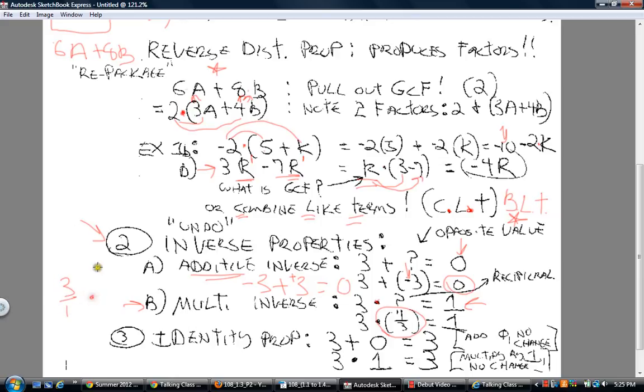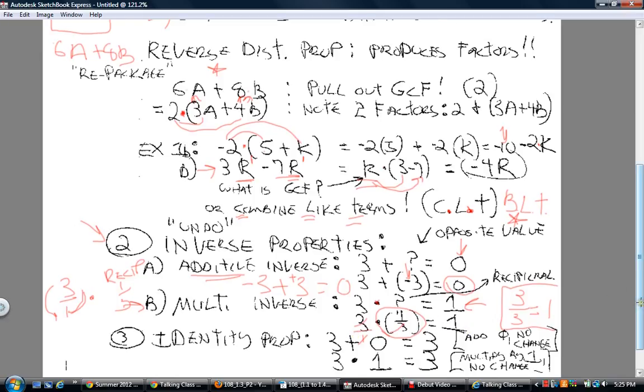The reciprocal is to, you can't see my hands, I'm flipping the numerator and denominator, so the 3 goes down, the denominator goes up, so the reciprocal is 1/3. 3 times 1/3 does equal 1. You could put that like that if you needed that. Remember, 3 over 3 cancel out. 1, because we say cancel. We say cancel. 3 divided by 3, anything divided by itself always equals 1. We'll use that 1,000 times in this semester.